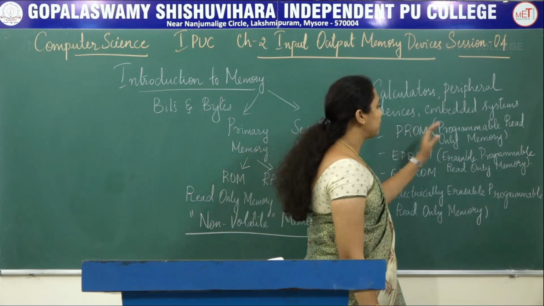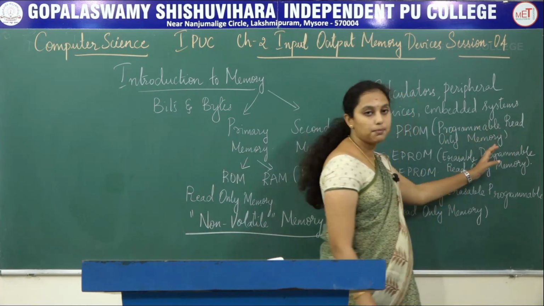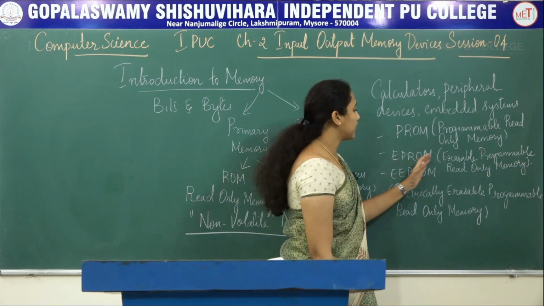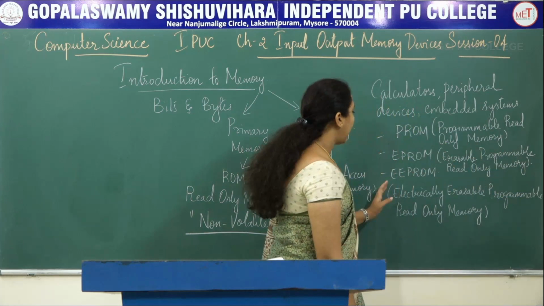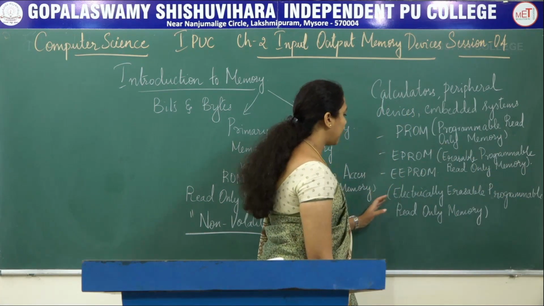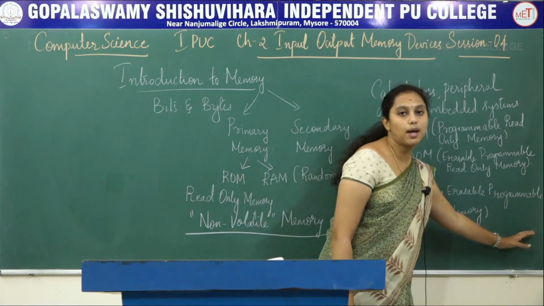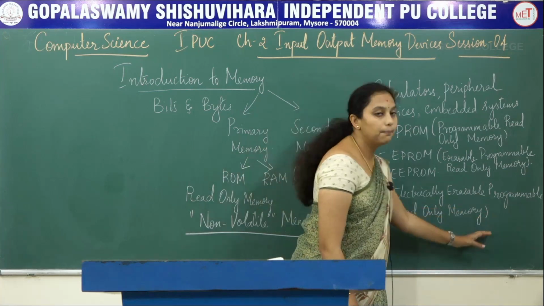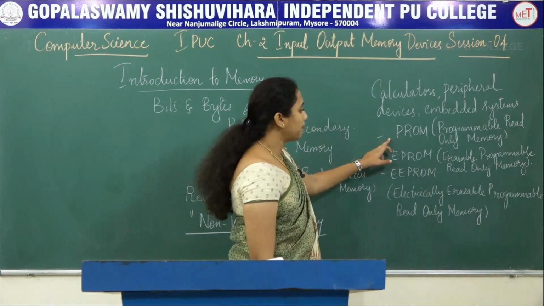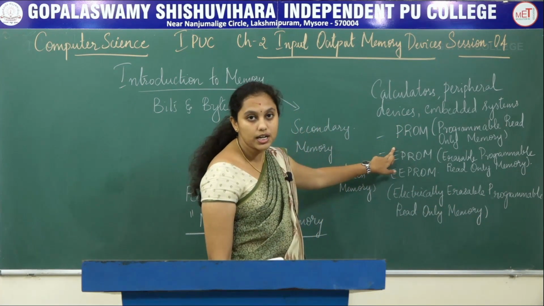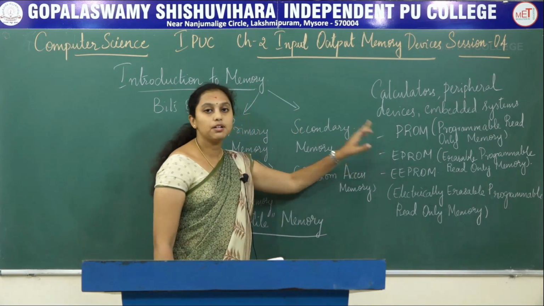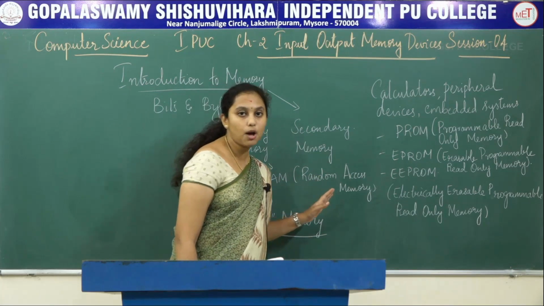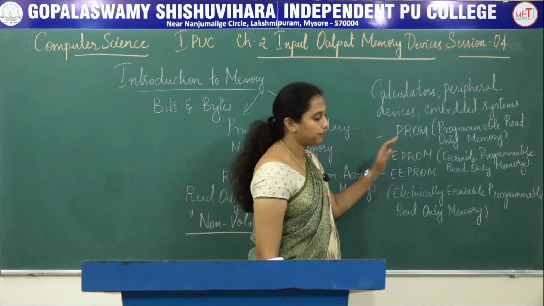PROM stands for programmable read-only memory. EPROM stands for erasable programmable read-only memory, and EEPROM stands for electrically erasable programmable read-only memory. PROM is programmed by the user and is a non-volatile memory. Once it is programmed, we cannot erase the contents of the PROM, but we can read it.